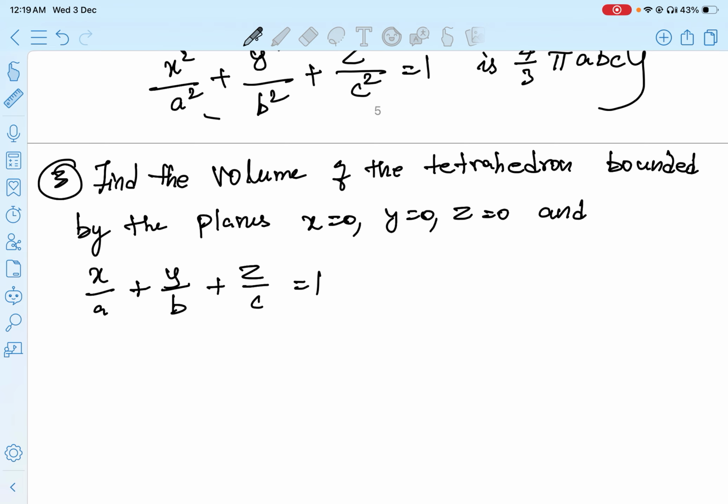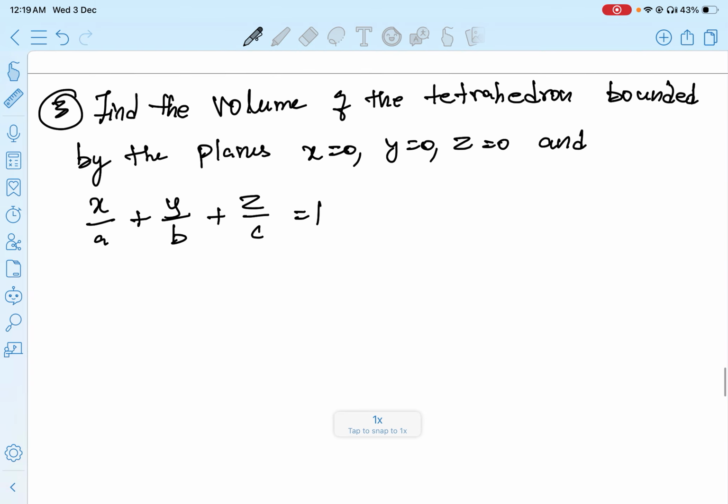Okay, so we are going to find the volume of the tetrahedron bounded by these planes, and the equation is x by a, y by b and z by c.